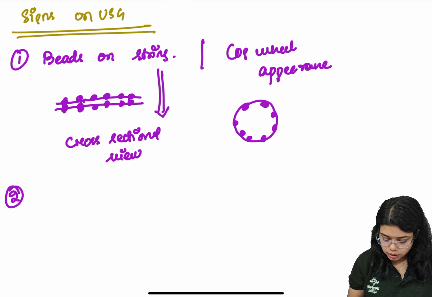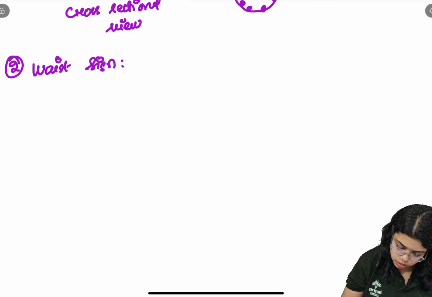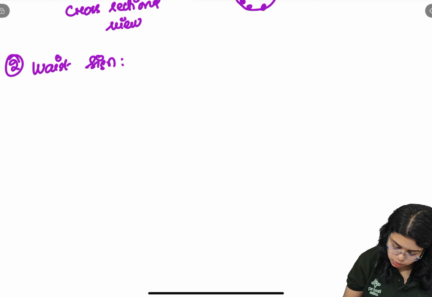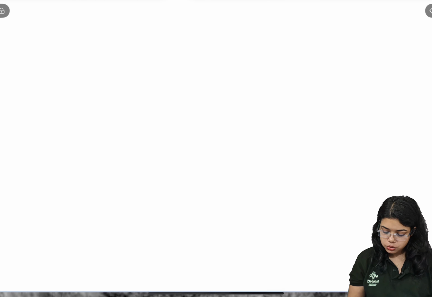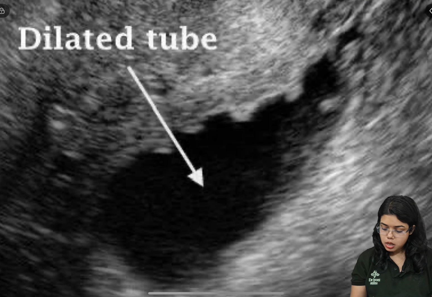Then second is the waist sign. In the waist sign, we see this in the longitudinal section. I will show you the ultrasound picture. See, this is the tube.